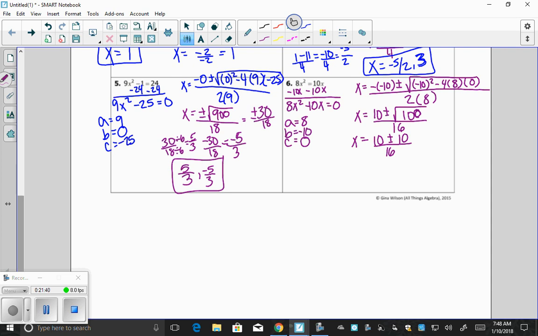Split your equation up into 2, and you're going to get x equals 10 plus 10 divided by 16, and 10 minus 10 divided by 16. Well, 10 plus 10 is 20, divided by 16 will reduce.